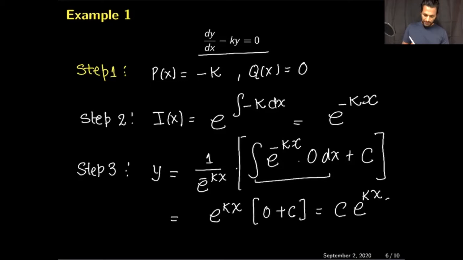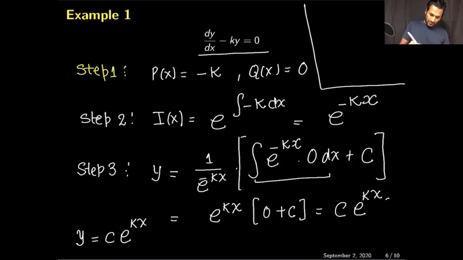You can also verify your solution by plugging it back into the equation if you want to do that. So in order to verify your solution, you have y equal to c e raised to the power kx, and then dy/dx is equal to c k e to the power kx.